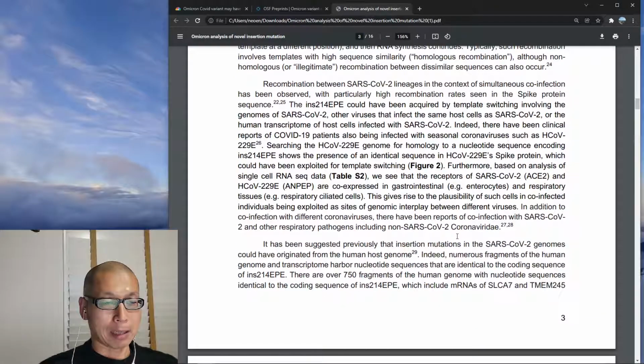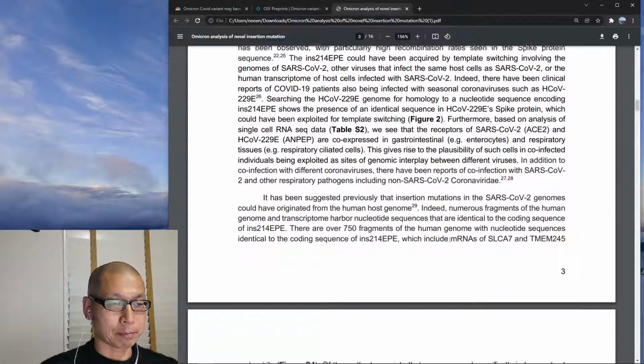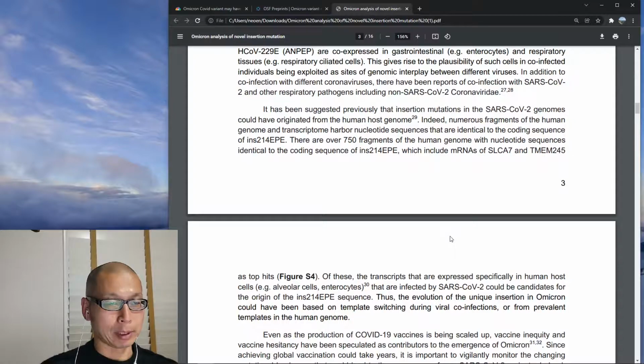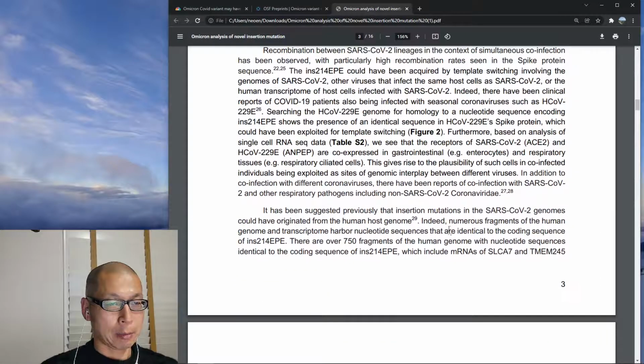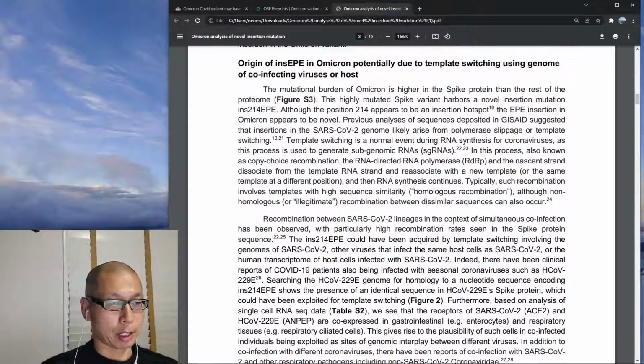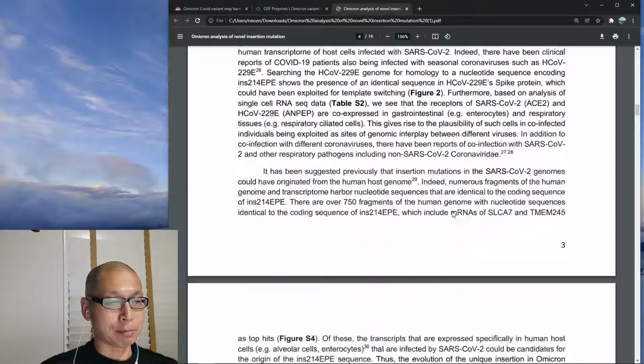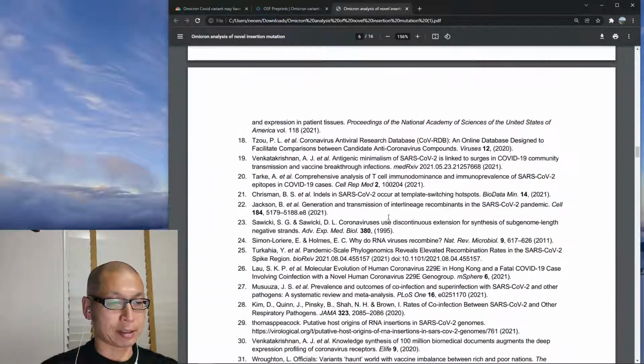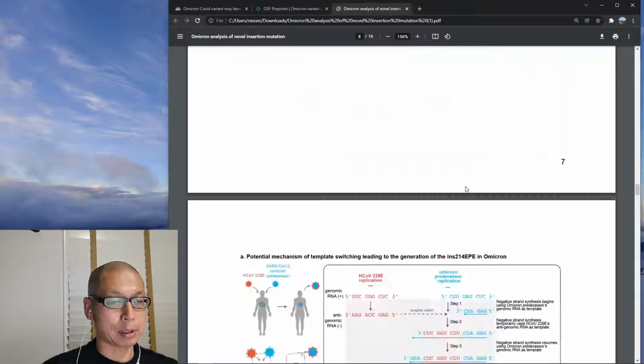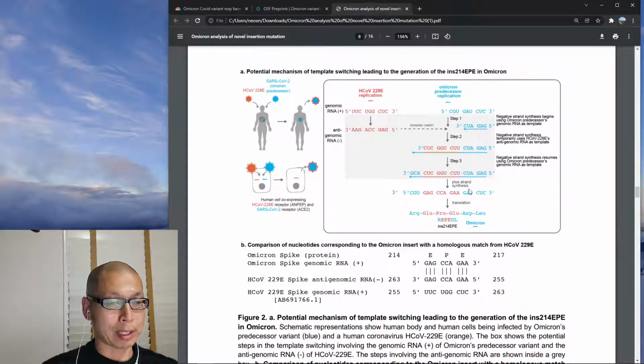They give no probability statement in this paper, because if they did, people would probably question them on it. So they're saying that it is possible, and yes, this theory of template switching is possible, and that is a reasonable way that it might have gotten this insertion. But there are other ways that it could have happened as well.